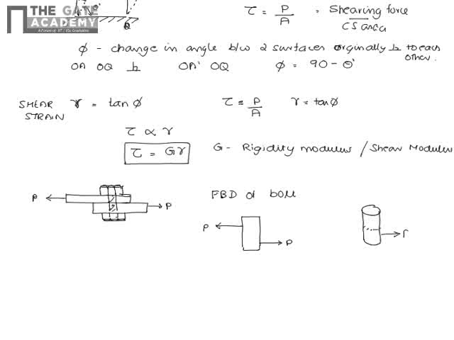In the bottom portion you have a force P acting towards the right, and in the top portion P acts towards the left. So what happens? How does this bolt fail? The bolt will fail at this cross section, which is shown here. This cross section is prone to failure when load acts like this. So how will it fail? We can draw the figure like this.